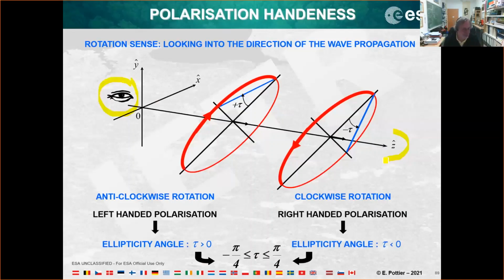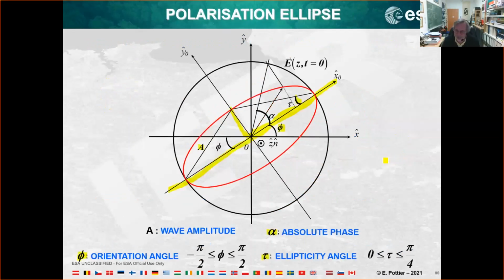So from a mathematical point of view, it is now important to introduce somewhere the information of the sense of polarization. The solution is very easy. If I come back to the definition of my ellipticity angle, you can see that it is not signed. It is between 0 and 45 degrees.